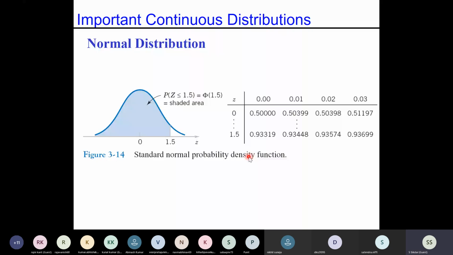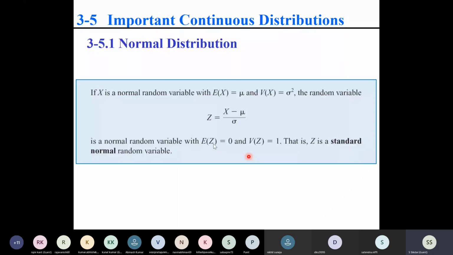So how do we get it? If any normal problem is given, you subtract the mean value and divide by the standard deviation, and then you come up with the Z value, and this Z is called the standard normal random variable.